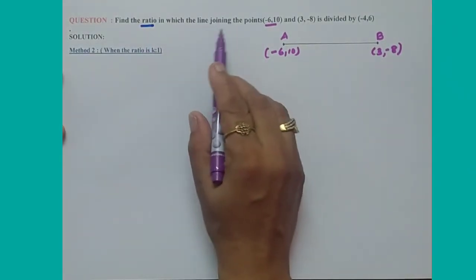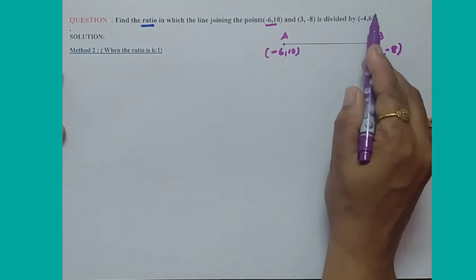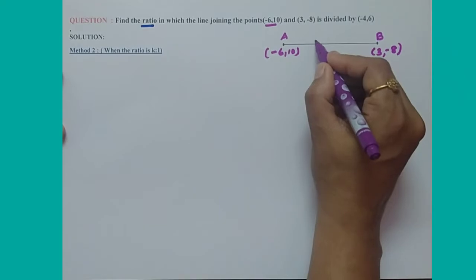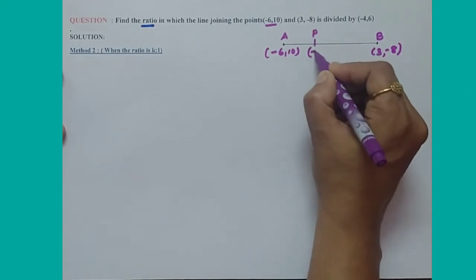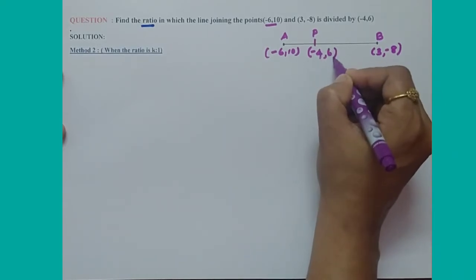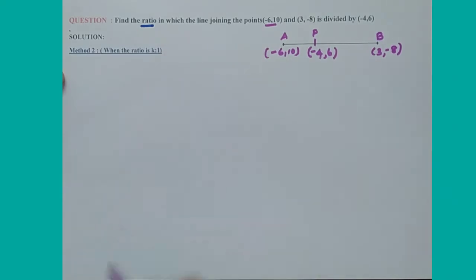Divided by -4, 6 means the section point P is given as -4, 6. You are asked to find the ratio.